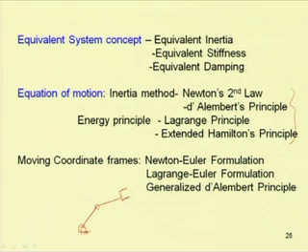One can attach a coordinate frame to the base, at the link point, and at the end effector point also. One can write the equation of motion in terms of all these coordinate frames. In that case, one can use the Newton-Euler formulation, Lagrange-Euler formulation or generalized D'Alembert principle based on the moving coordinate frame.